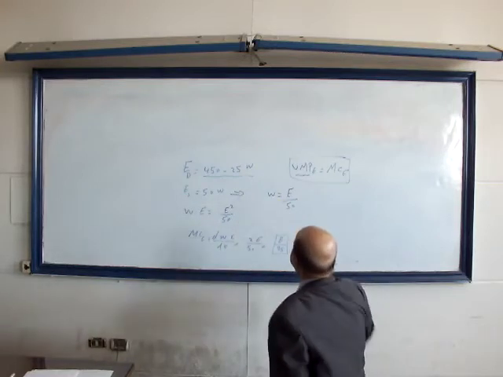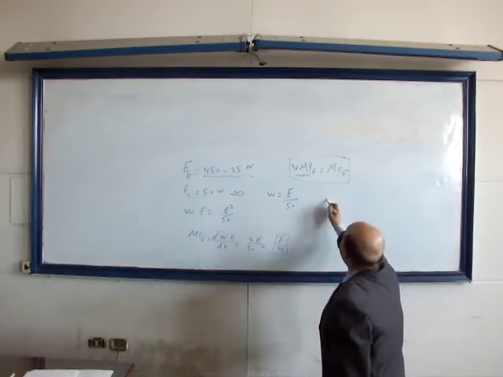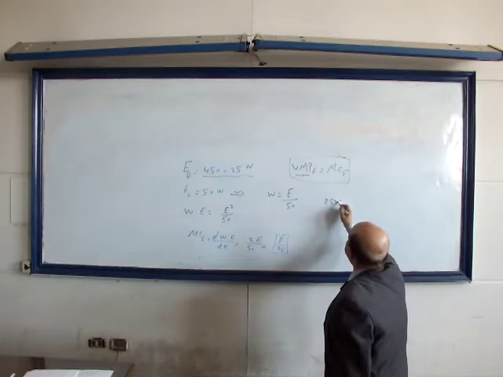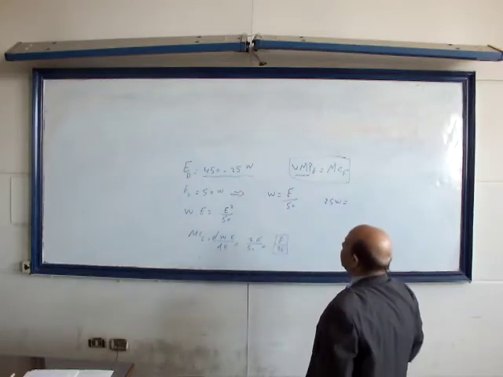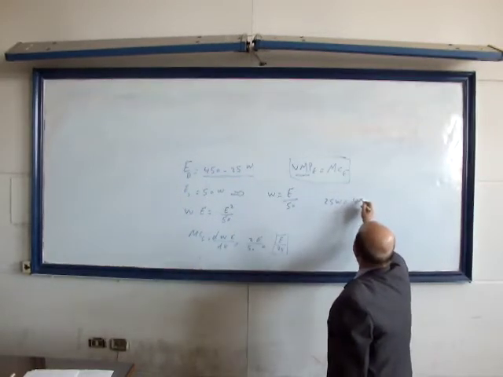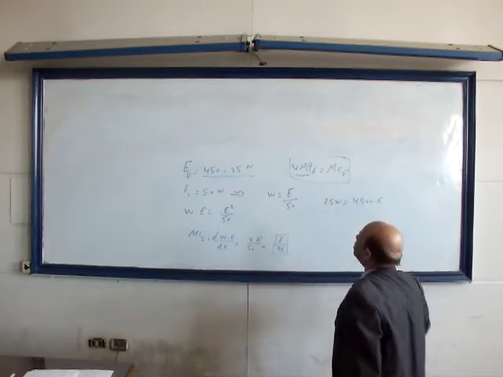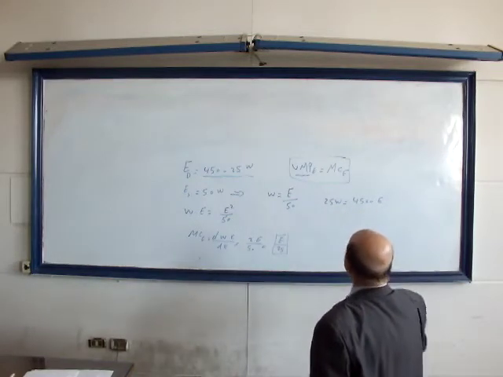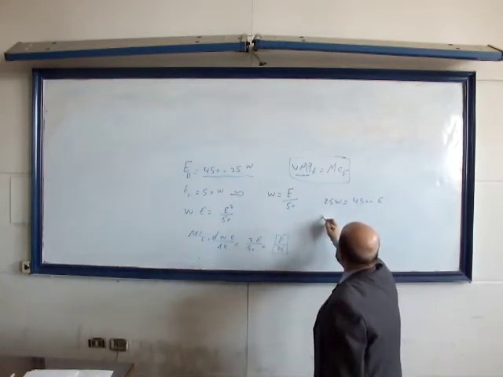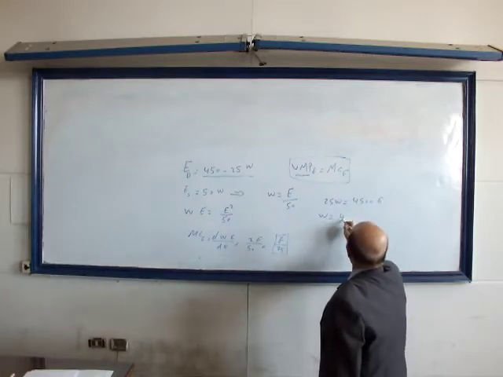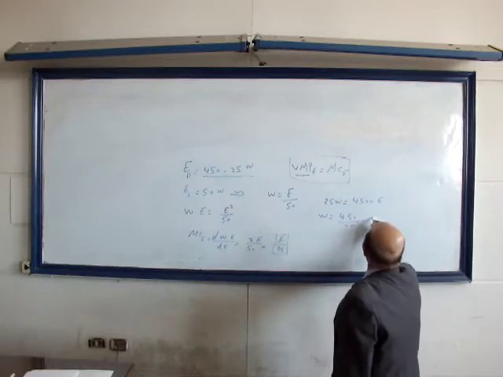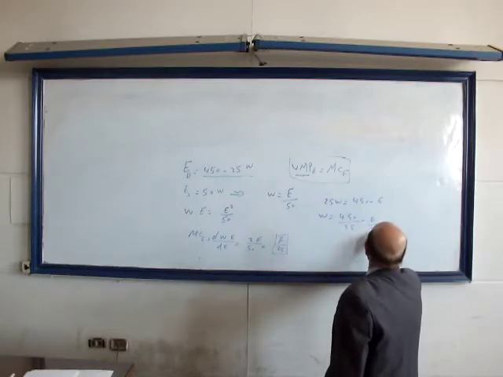To write this as a function of E, you will have 25W, move this to the other side, equal 450 minus E. Then you divide by 25, so you get W equal 450 divided by 25 minus E divided by 25.